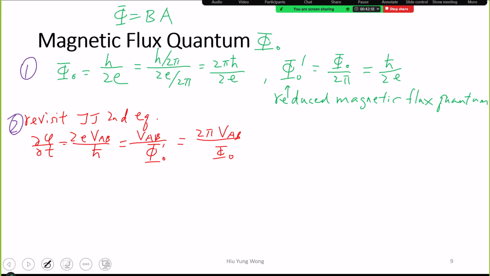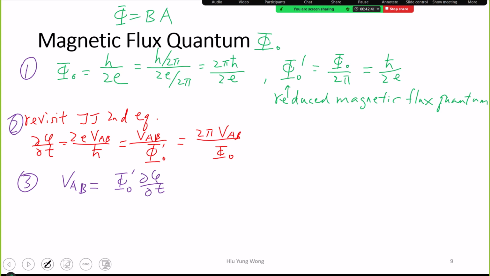Now the third thing we want to investigate: V_AB equals phi naught dash times partial phi, partial t.